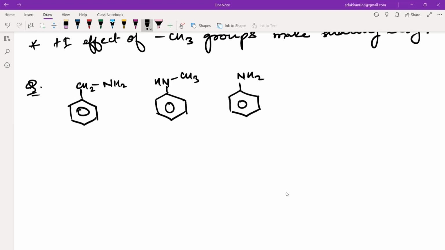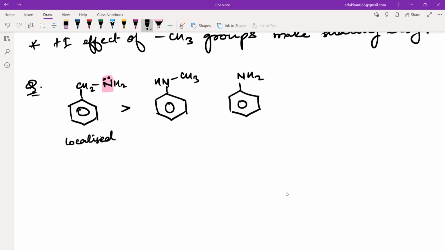Now please remember that this nitrogen is not taking part in any delocalization. It is not taking part because it is attached to a CH2 group. The CH2 group does not have any kind of double bond, so it cannot share. So this is localized, and hence this will have higher basicity. Even though a benzene group is present, you have nothing to do with it. You have to see what is attached after nitrogen.